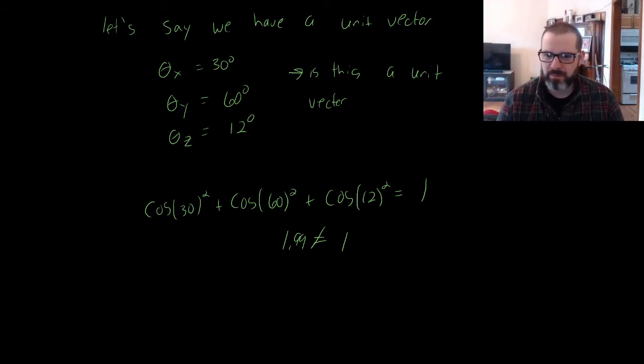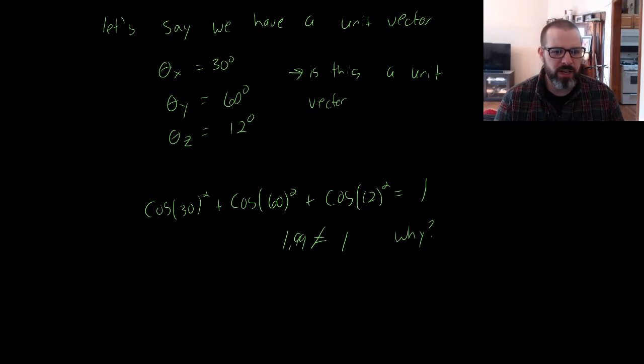Why? Well, it's simply because when you're looking at a unit vector, or any vector, you can't just pick any angles you want. Only two angles are ever independent from one another, and the third is determined.